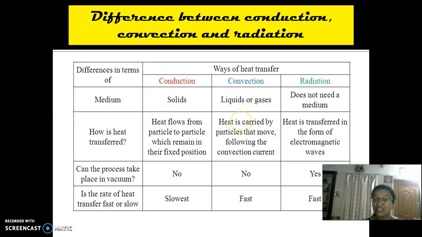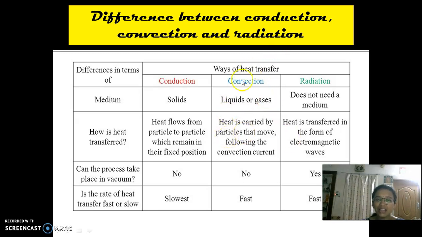But here the particles themselves move from one place to the other. Here the heat is transferred in the form of waves. What is it? Electromagnetic waves. Electromagnetic waves are nothing but waves that have both an electric field and a magnetic field.